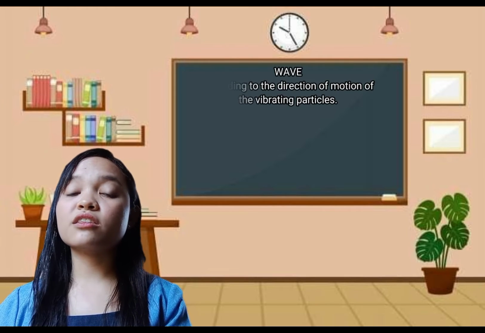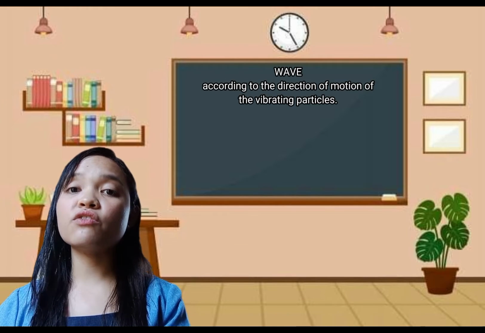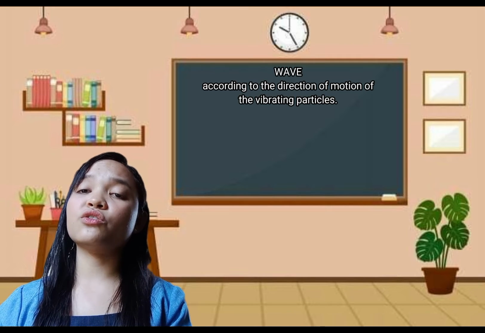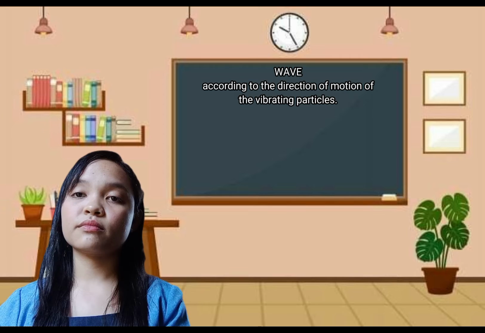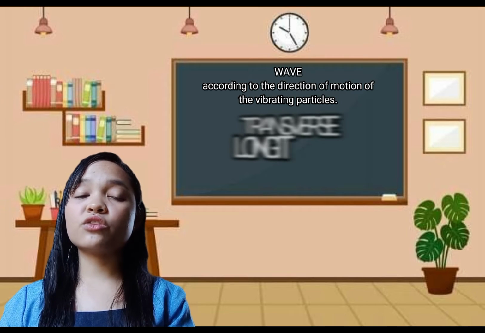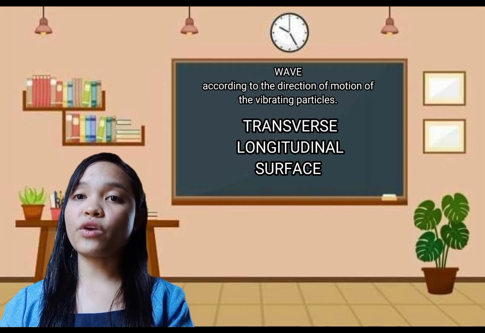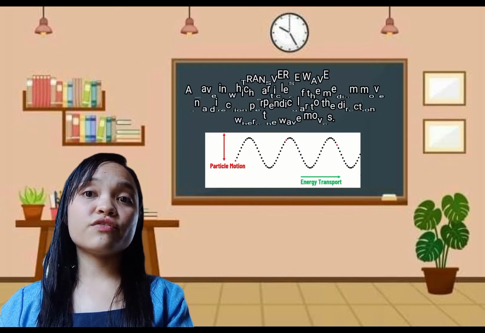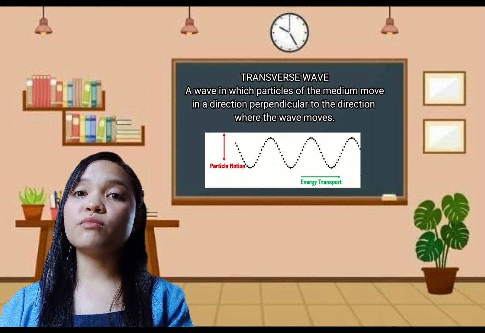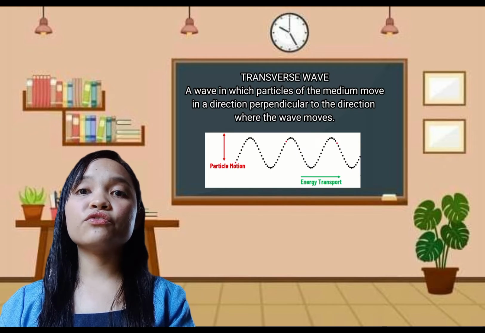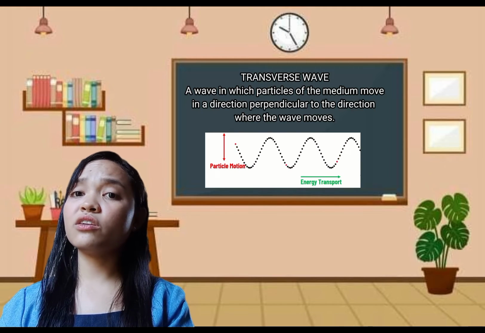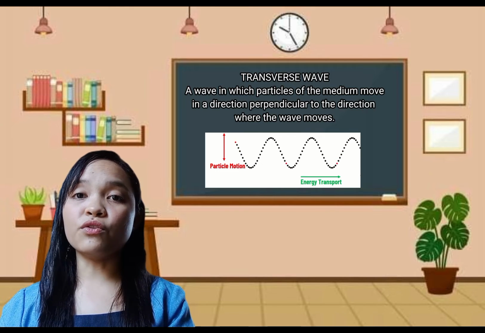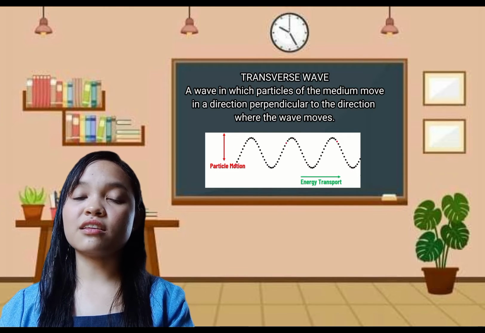Waves can also be categorized based on the direction of motion of the vibrating particles in relation to the wave's travel direction. Transverse waves, longitudinal waves, and surface waves are the three types of waves. A transverse wave is one in which the medium's particles move in any direction perpendicular to the wave's motion. A transverse wave moves up and down vertically.